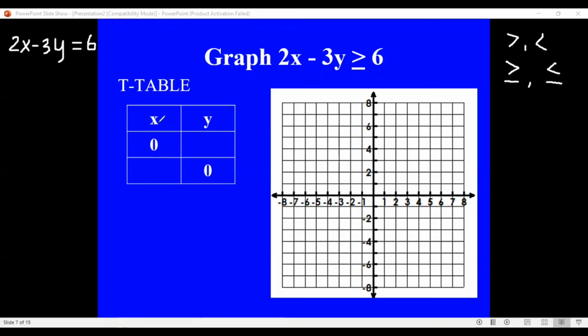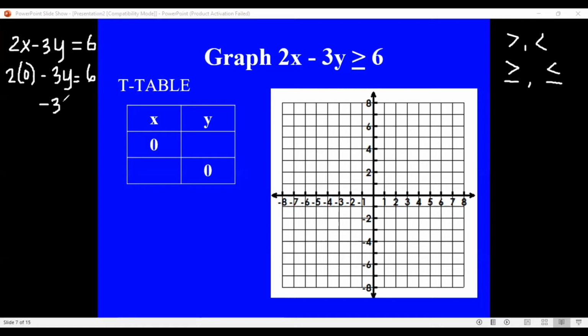The easiest way is by making use of our x and y intercepts. If we let x be equal to 0, we simply have to substitute. So substituting x equal to 0, we will have 2 times 0 minus 3y is equal to 6. 2 times 0 is 0, so you can just drop that.